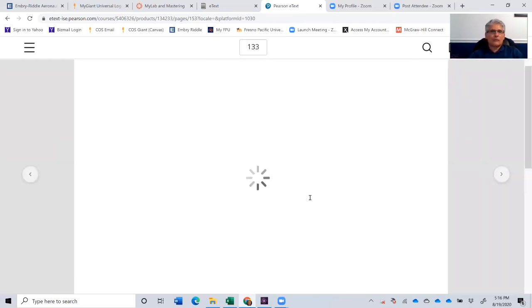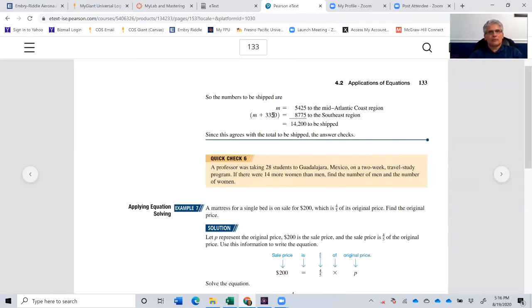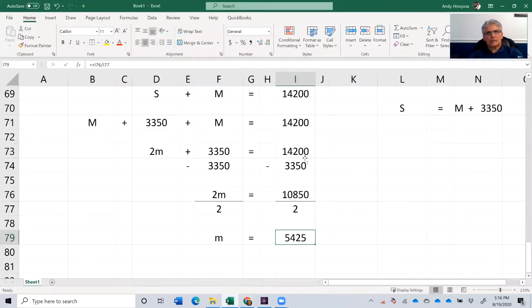Now that we have the 5,425, we can plug it in. If M equals 5,425, that's the Mid-Atlantic coast region shipment. And then the Southeast region is going to be M plus 3,350. So we take the 5,425 plus the 3,350. That's going to give us 8,775. If we add those two together, we end up with 14,200, which is what we wanted to begin with.